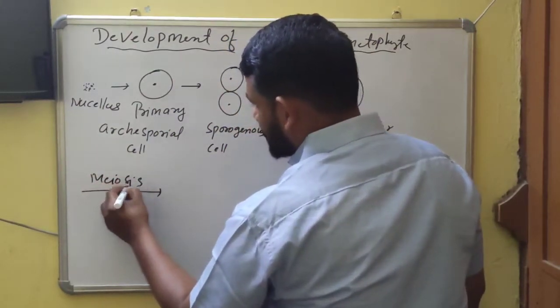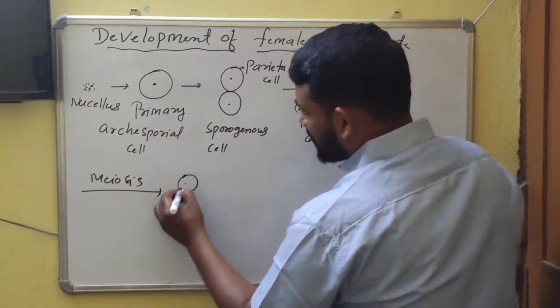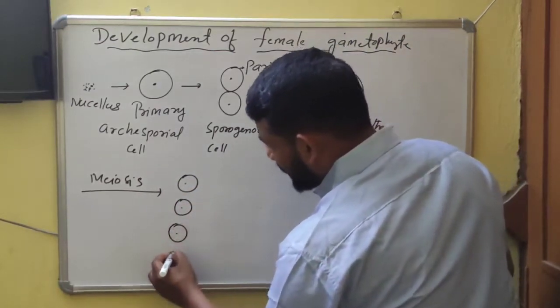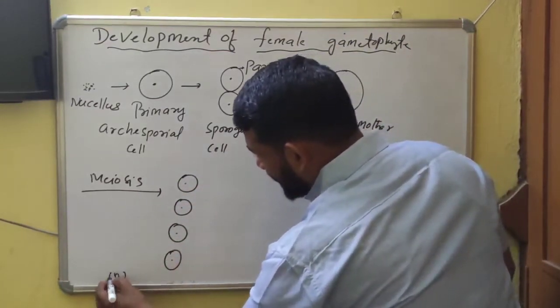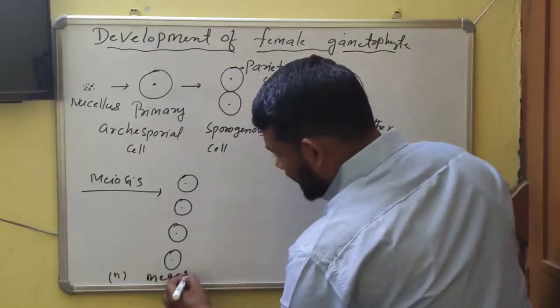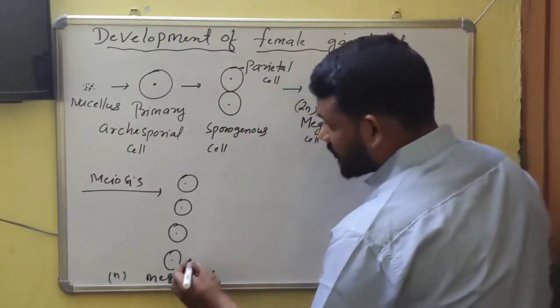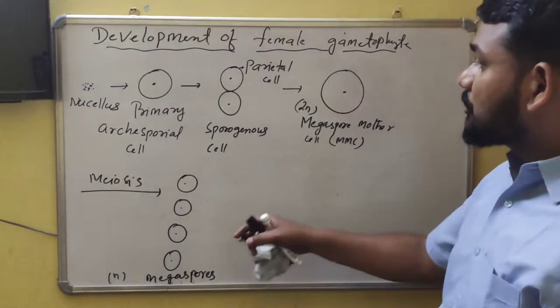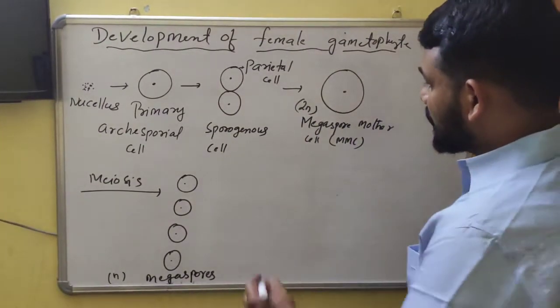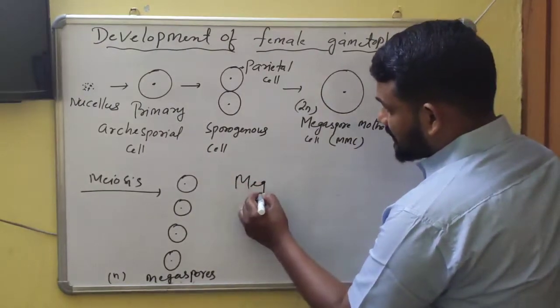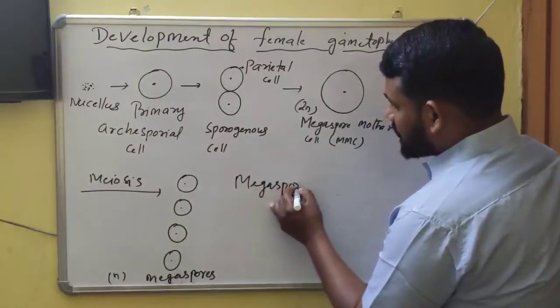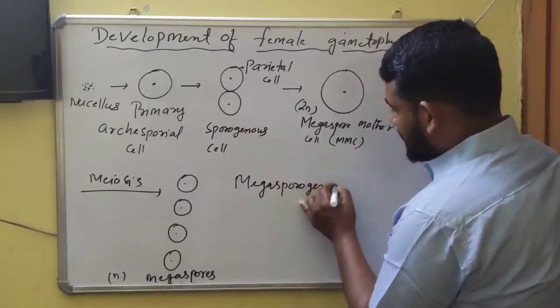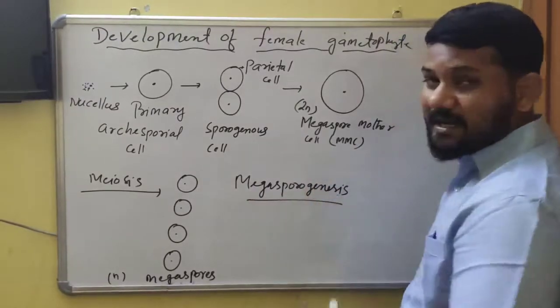It undergoes meiosis to form 4 haploid megaspores, and this process is known as megasporogenesis.